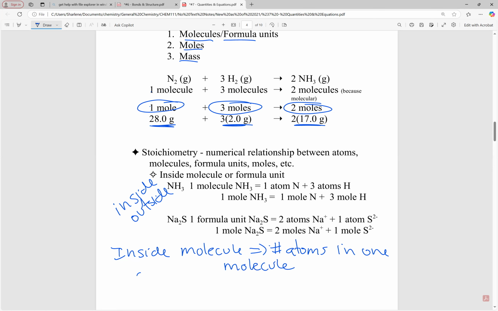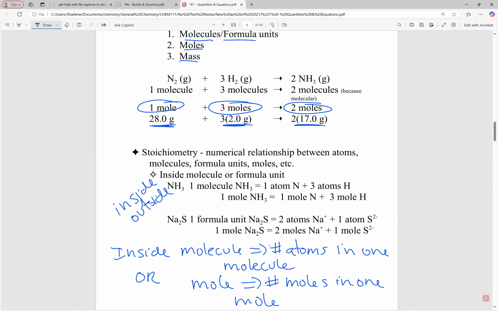Or if we're using the term moles, it's the number of moles in one mole. Okay, one of them is just talking one, the other one is talking a whole bunch.